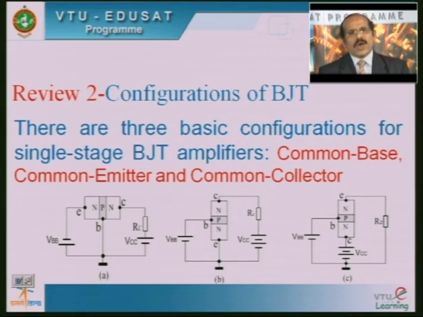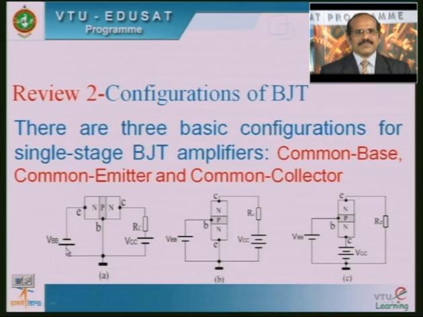Therefore, one of the terminals of the bipolar junction transistor has to be made common with reference to both input and output. That is how it results in 3 configurations of bipolar junction transistors. So, we get common base configuration, common emitter configuration and common collector configuration of BJT.